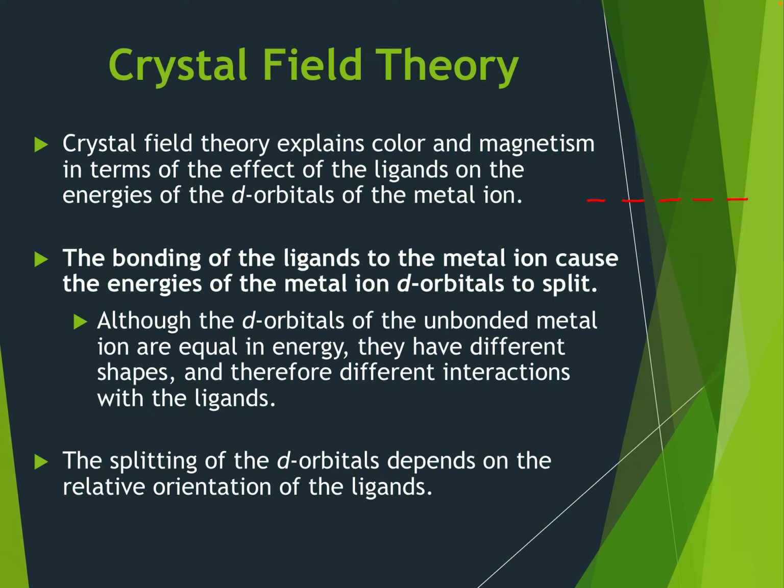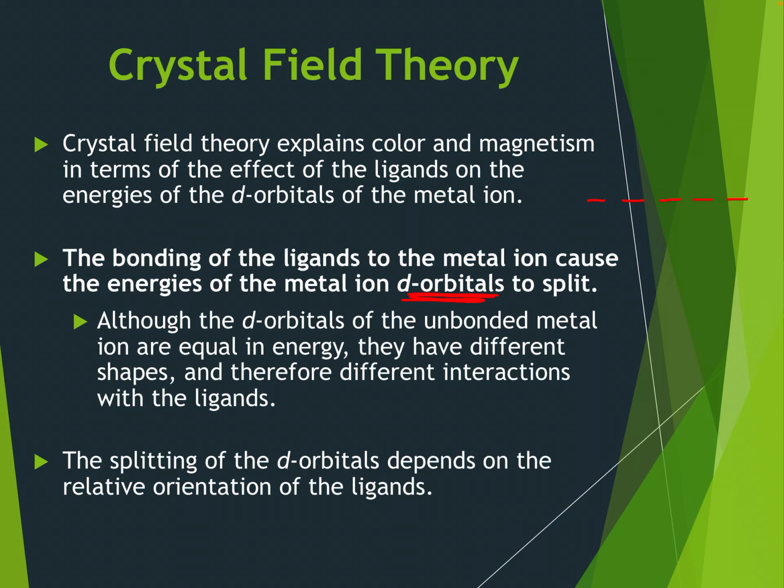So we're looking at how the ligands move the energies of the orbitals on the metal ion. Again, the bonding of the ligands causes these d orbitals to split. The metal ion normally will have all of these d orbitals degenerate, the same energies, but when we start to interact with these ligands, they'll split because they have different shapes.